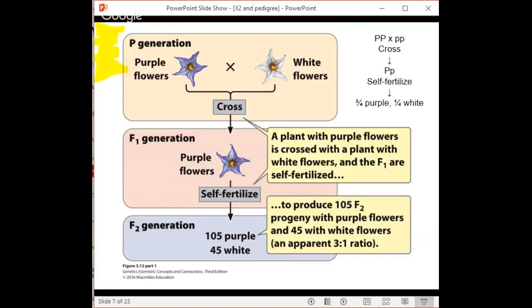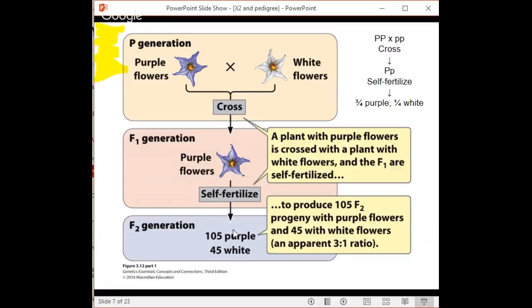So here we have 2 parents, a purple and a white, and big P, little p. I have up here in this corner the genotypic cross rather than the phenotypic cross. So we cross these 2, and we can easily see that all of the first progeny will be heterozygotes, but they will be phenotypically purple.